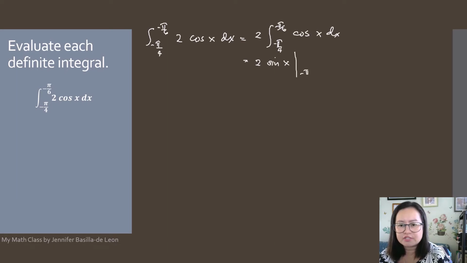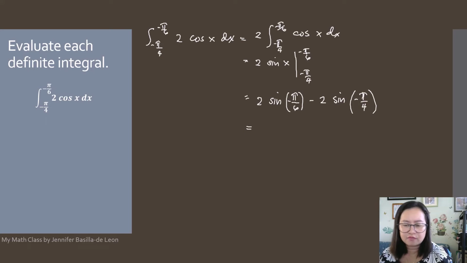Then we copy this, evaluate it at negative pi over 4 up to negative pi over 6. So we now replace x by the upper limit. Simplifying, we can use our scientific calculator in simplifying the given expression, but make sure that your calculator is in radian mode.